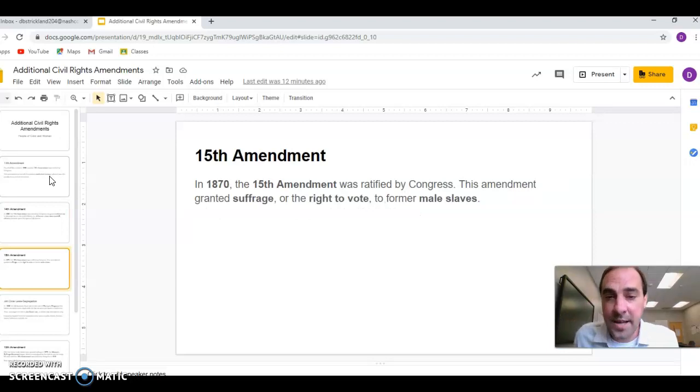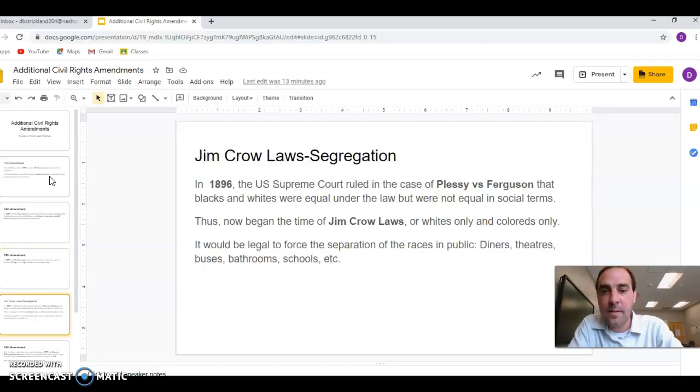Two years later, in 1870, we had the 15th Amendment passed. That gave suffrage, the right to vote, to former male slaves. Women still were not given the right to vote, but former male slaves now had the right to vote. So we have mid-1800s, freedom, citizenship, and the right to vote for the slaves.